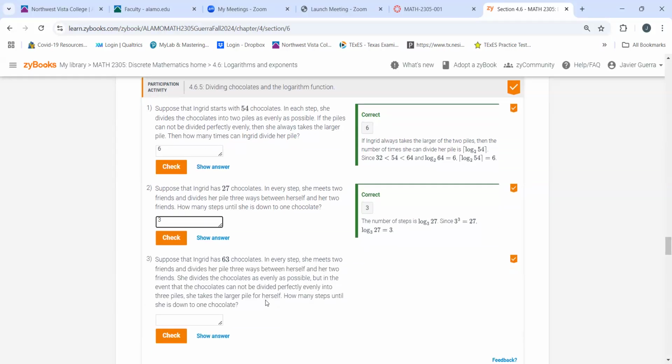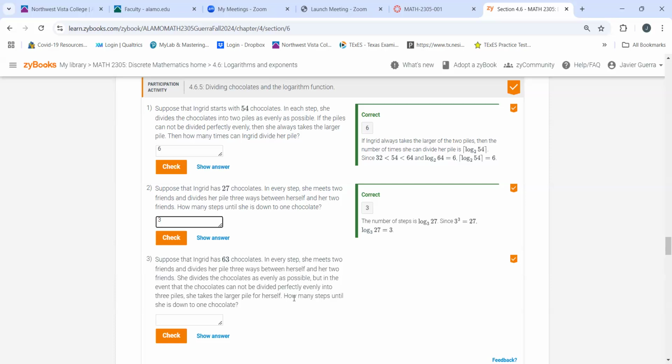So I need to figure out 3 to what power gives me close to 63. Well, 3 to the 4th is 81. I think that's a little bit too high. 3 to the 3rd is 27. So 63 is between 81 and 27, somewhere in between.